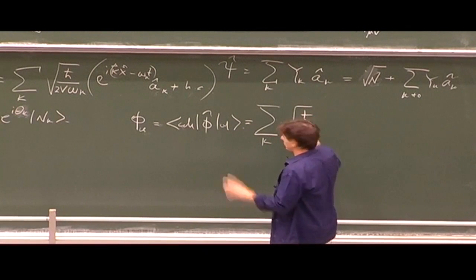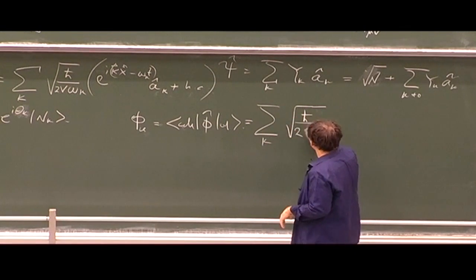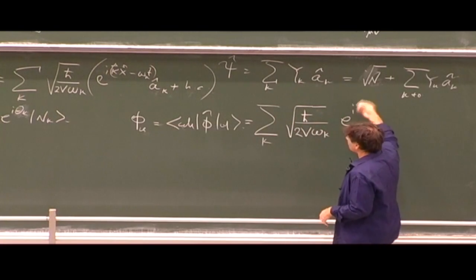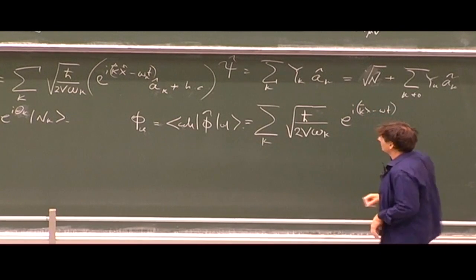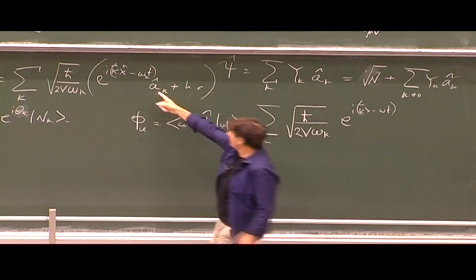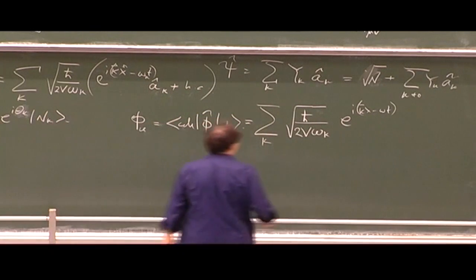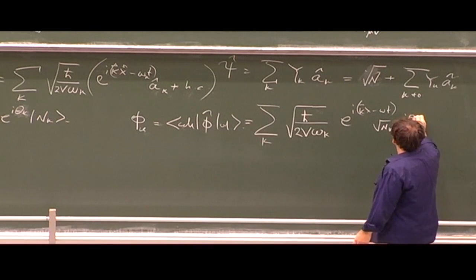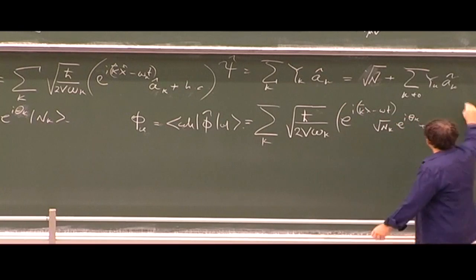You get h bar, and now watch powers of h bar. That is extremely important. That's why I restored it. So you have certain C number factors, and then the expectation value of a_k over this coherent state gives me the square root of N_k with some phase factor, plus Hermitian conjugate.